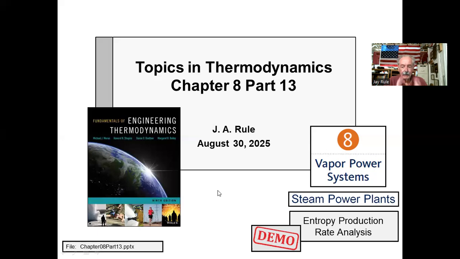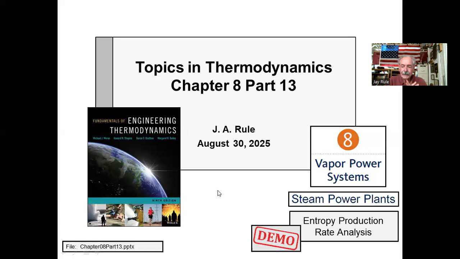I'm going to suggest that this topic is just about graduate level analysis for entropy production rate, as long as we summarize what we learned from the exercise of this analysis and how we might apply this in a practicing engineering role. So I found it to be extraordinarily powerful.